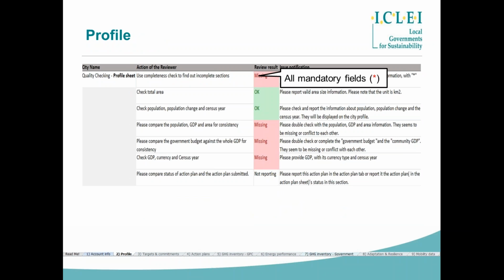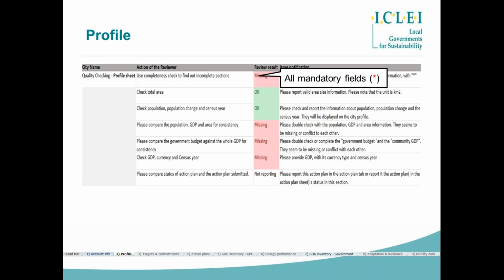Then if we go to the profile, again, all the mandatory fields. Here they are: the general description of the entity, the total area, main geographic type, population, average annual population change rate, main economic sector, GDP, head of government, start and end of current term, and in planning and commitment, status of plan in mitigation and adaptation, and general sustainability goal of the local government.